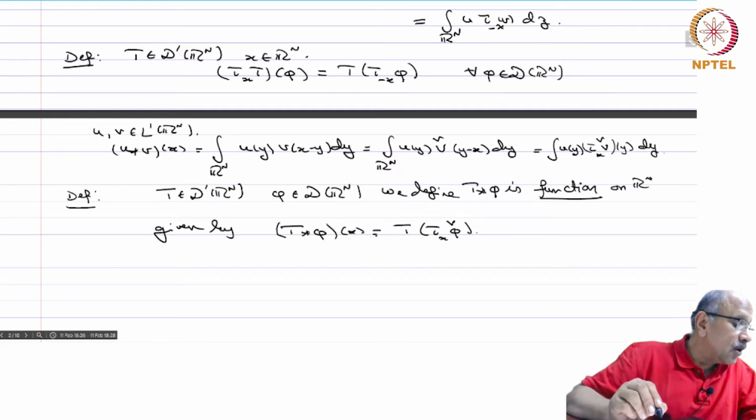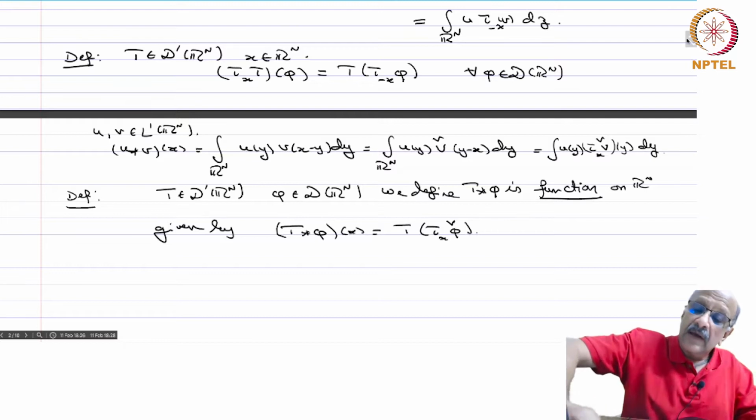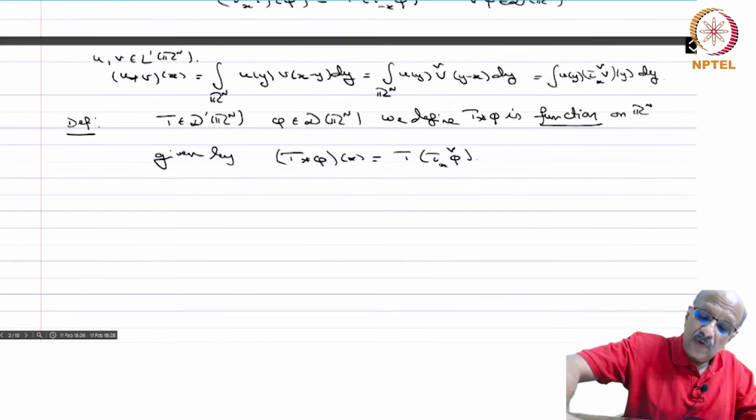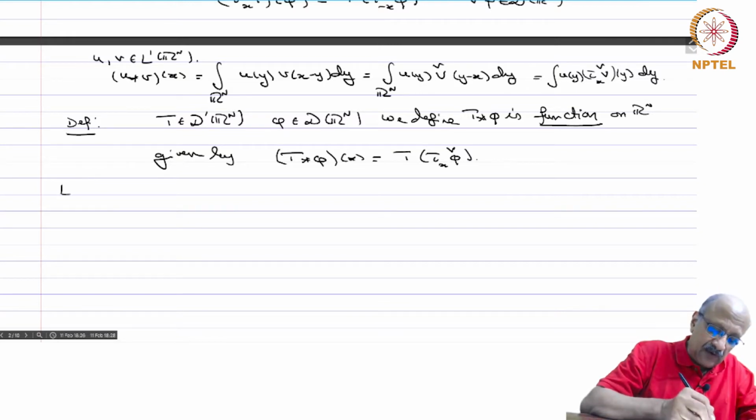Okay. So, now before we go to examine the properties of the convolution of a distribution and a C infinity function with compact support, we need the following technical lemma.